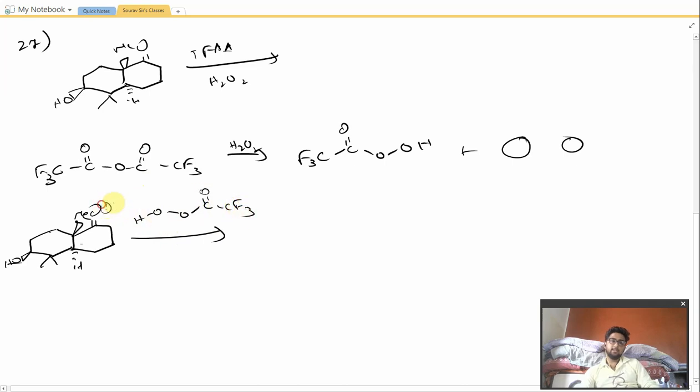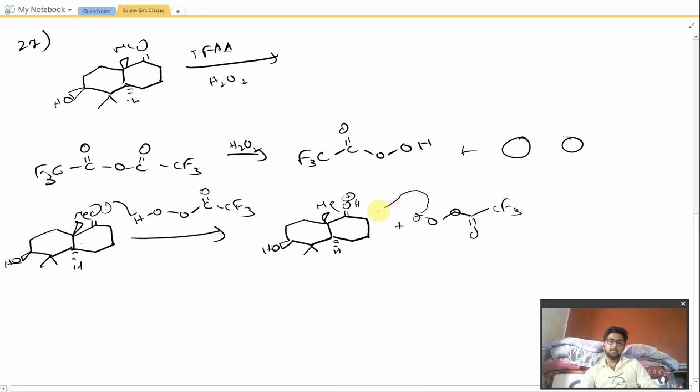This oxygen would take up this H. Let me write down the reaction and then I will explain.